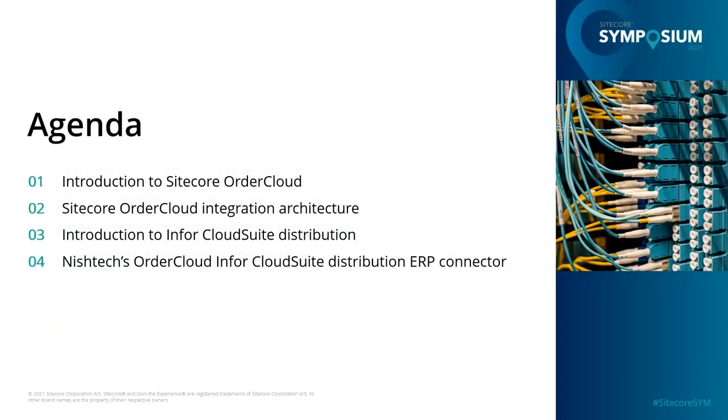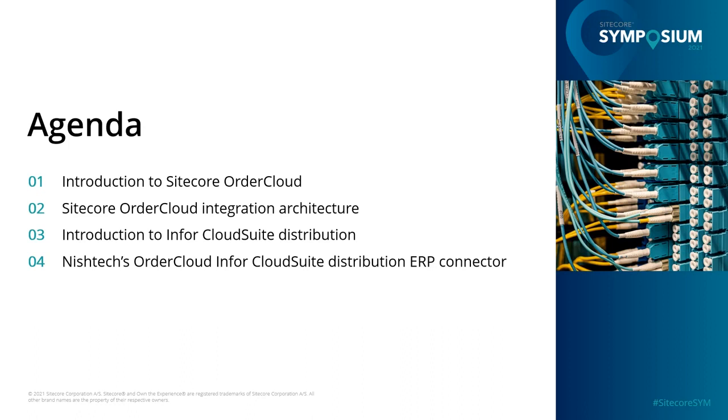Let's talk about the agenda of this talk. First, I will give a quick introduction to Sitecore OrderCloud commerce system. Next, I will talk about OrderCloud integration architecture and show different ways to integrate Sitecore OrderCloud with third-party systems.